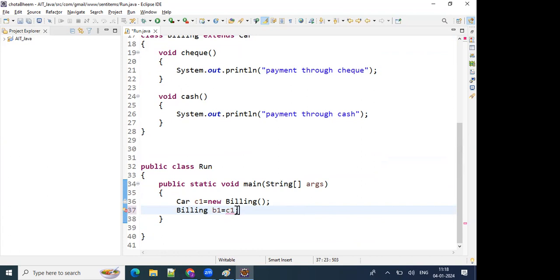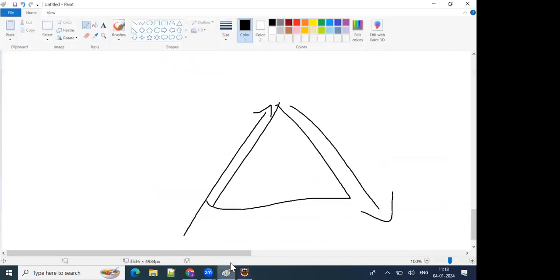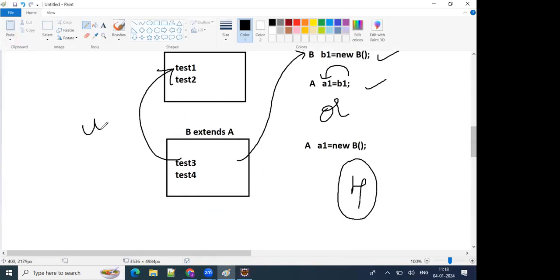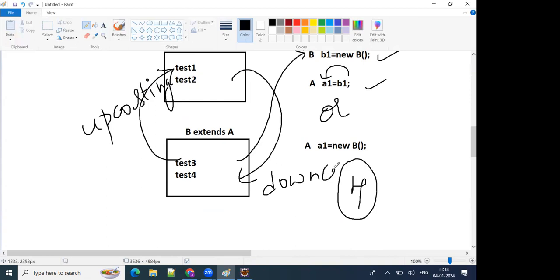If you convert subclass reference to superclass reference, I will say this is upcasting. Superclass reference to subclass reference is called downcasting.